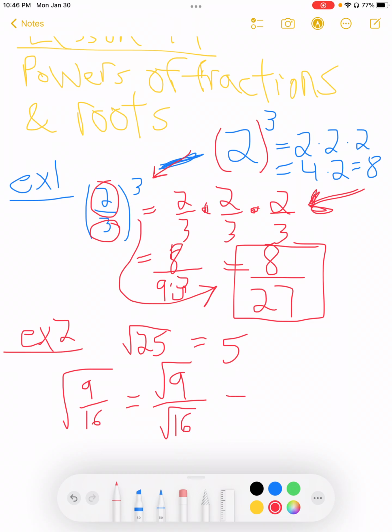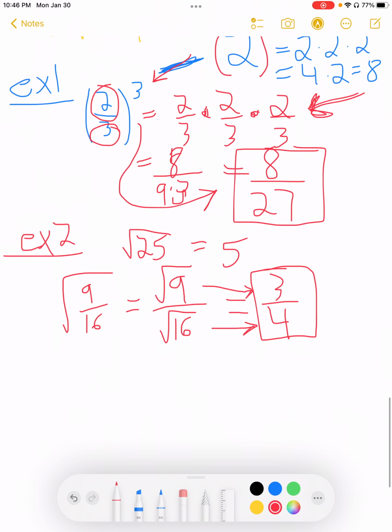Okay, so then when you solve it, you have 3 on the top and you have 4 on the bottom, right? Because if you do 3 times 3, you'll get to 9, and if you do 4 times 4, you'll get to 16. So you can just break it down like that, and it works perfectly fine. So that's my example right there. That's the one that was in that book.